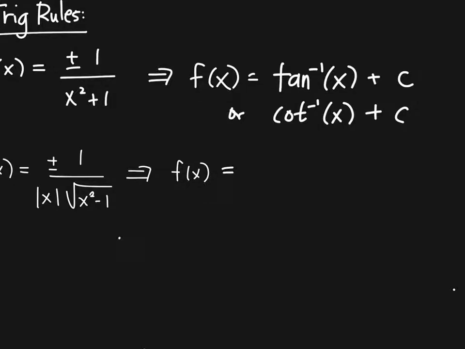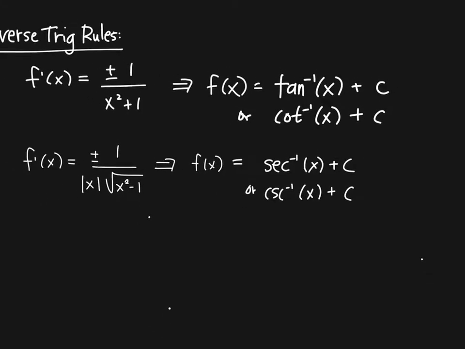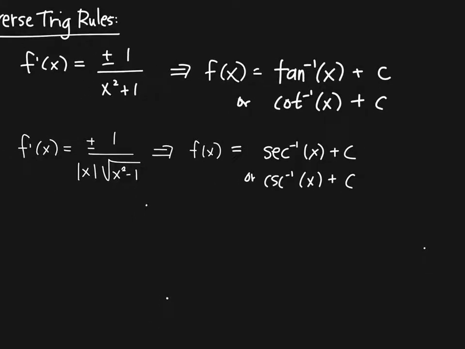Okay, it's either secant inverse of x plus c or cosecant inverse of x plus c. All right, that's that one. So it's a pretty unique one. It stands out: 1 over the absolute value and a square root and a square. It's going to hopefully stand out to you. All of your problems tonight are designed, so this is just introductory. They're all designed to match something that you've already seen.